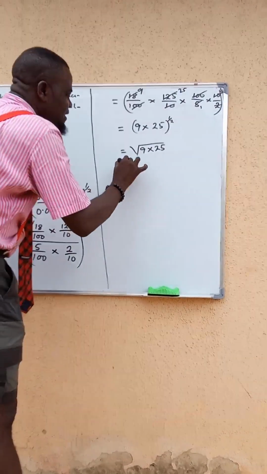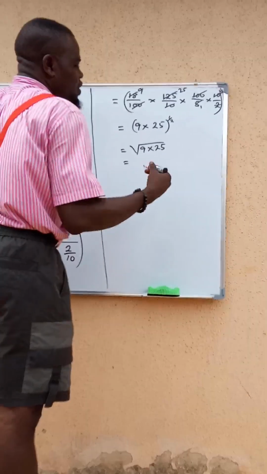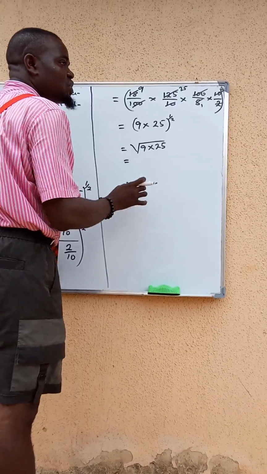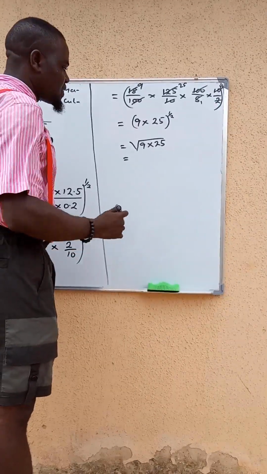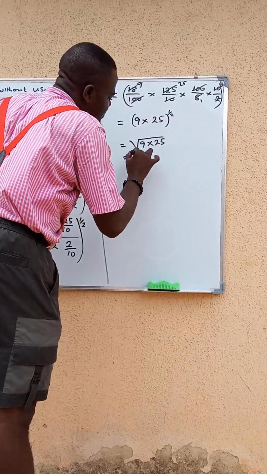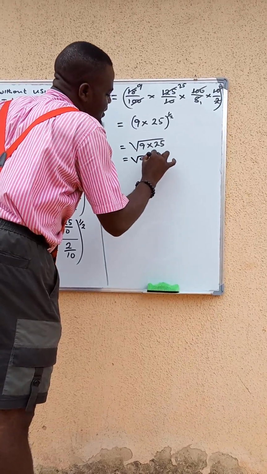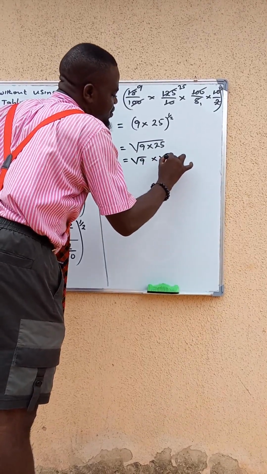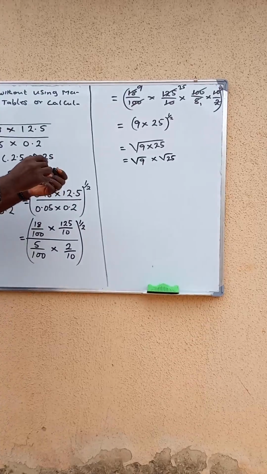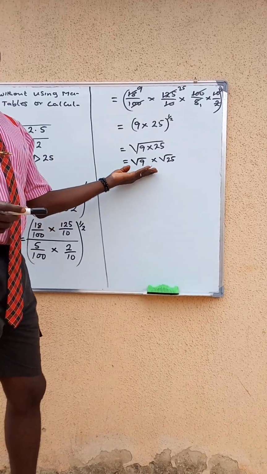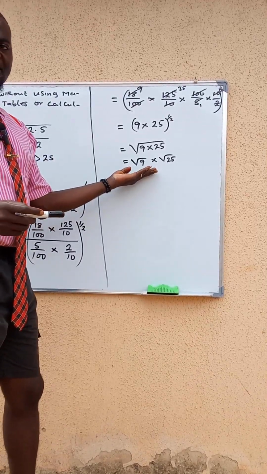And you know that if we have it like this, we can as well split it, because if we multiply it out, it will be cumbersome for you to find the square root. This is the same thing as root 9 multiplied by root 25. It will now be simple for you to finish.